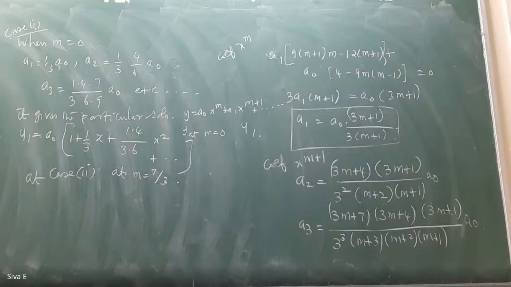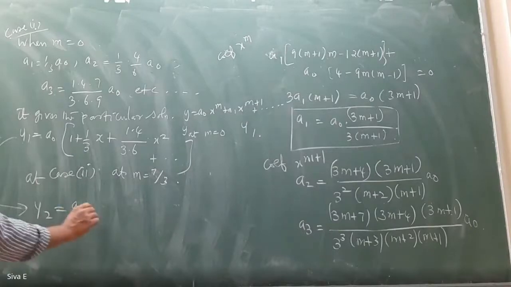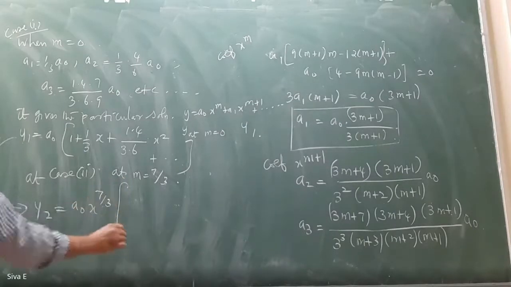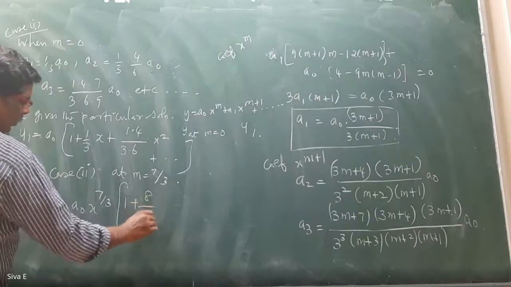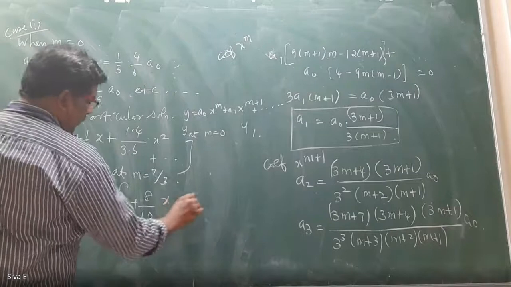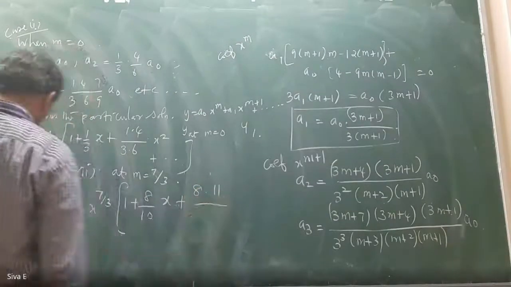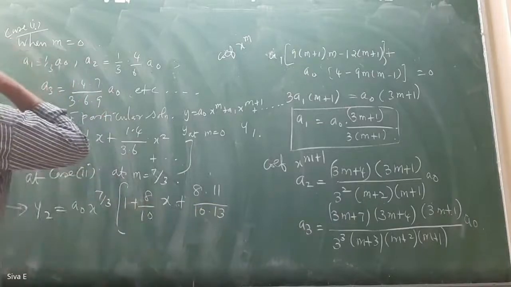Not 3 by 7. So we can write this as y2. y2 equal to a naught x power 7 by 3, 1 plus 8 by 10 x plus 8 into 11 by 10 into 13, that you can do afterwards.